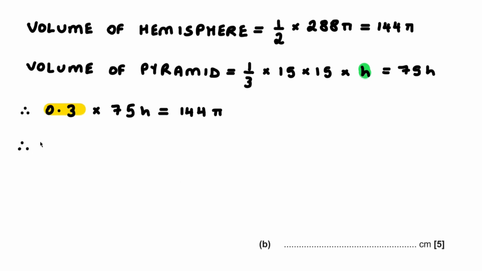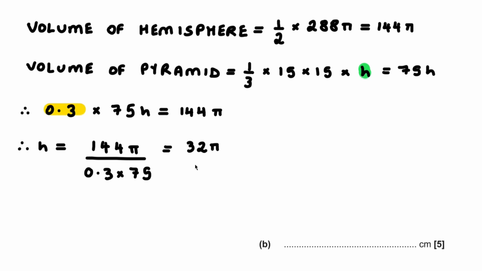So I can find out what h is. That's given by 144 pi over 0.3 times 75. And if I work out what h is in this case, I get 32 pi over 5.